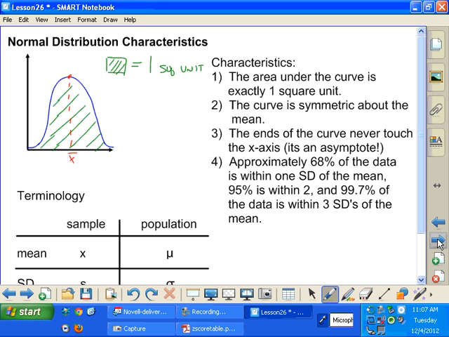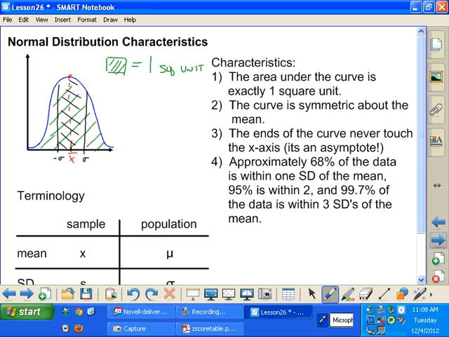So that's to say that if this is the mean, and we move over 1 standard deviation in either direction, the area under here is 0.68 or 68%. Okay? So 1 standard deviation would include 68% of the data.